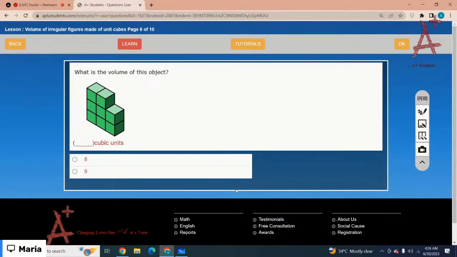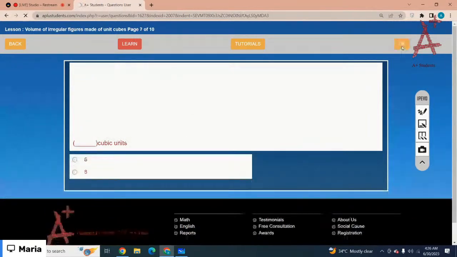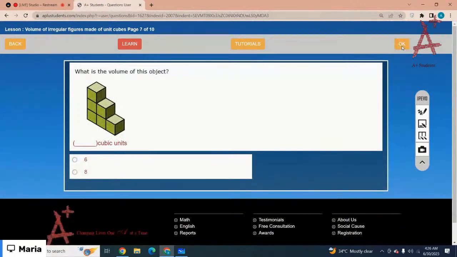For this one, it is 8. What is the volume of the object? How many squares can you see? Just 6. So the volume is 6.